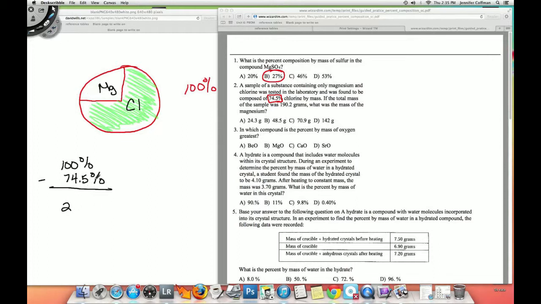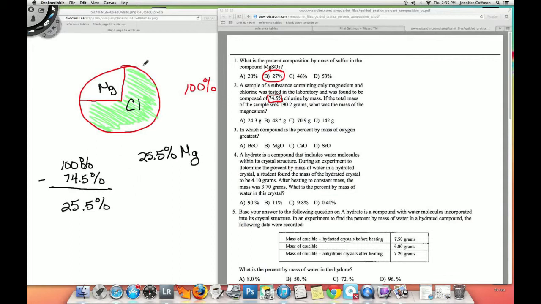That gets you 25.5%. Sorry about that. So this is 74.5%. This is about 25%, which is 25.5%. And so now you know you have 25.5% of this substance being magnesium.